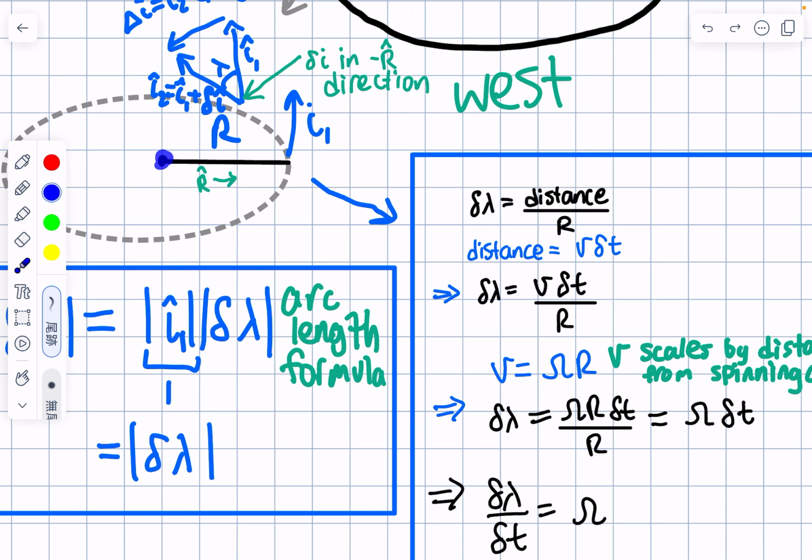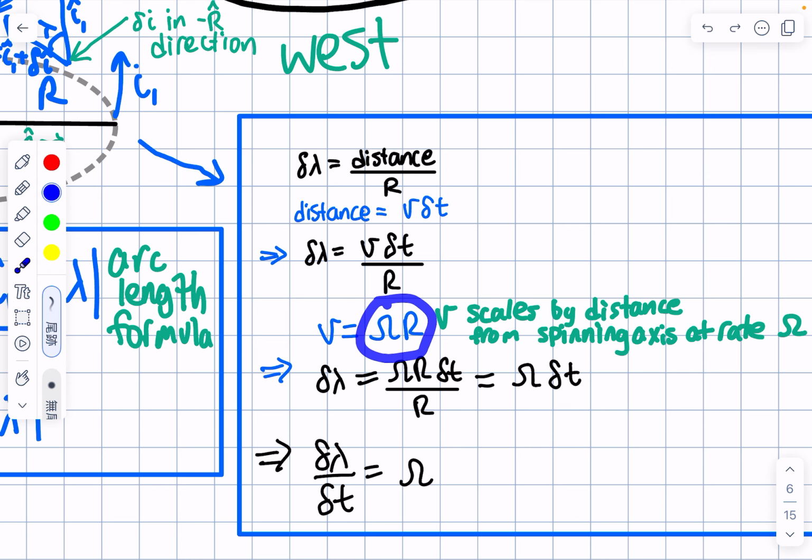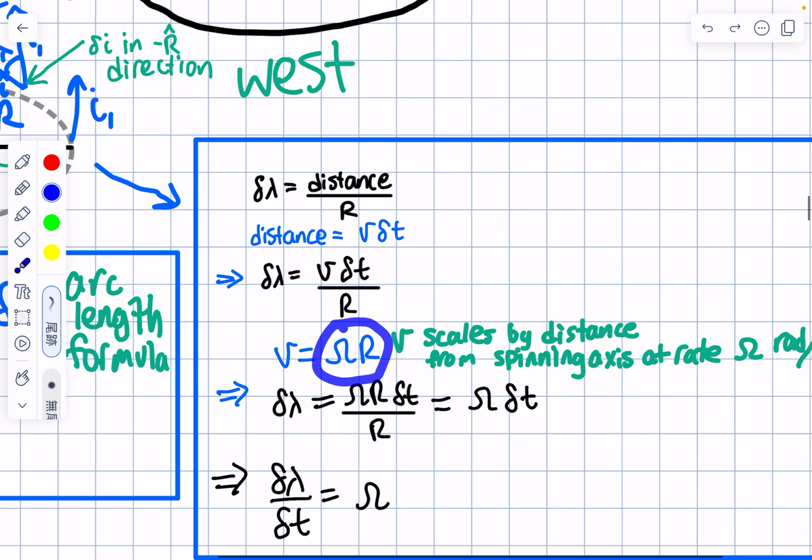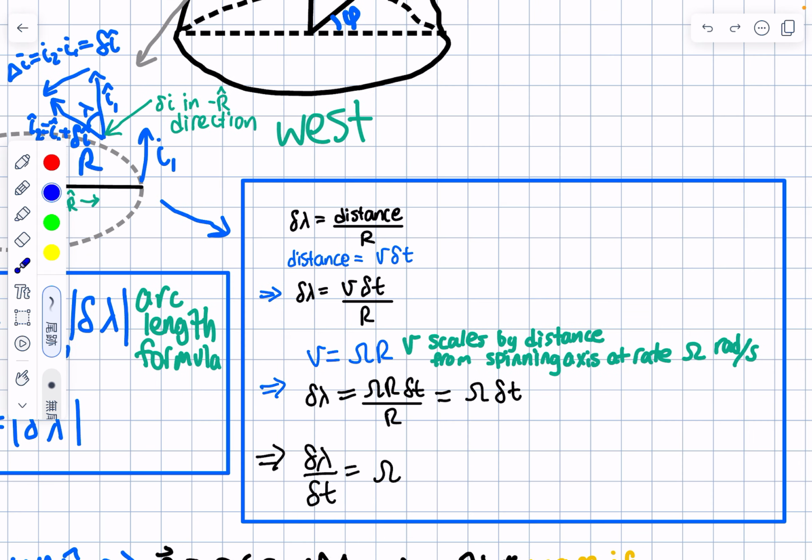So if you're at the center, the velocity of a particle would be nothing. But if you're at the very edge of the atmosphere, it would be equal to omega times R. So basically, you can say that velocity scales by distance from the spinning axis, which is spinning at the rate omega radians per second.